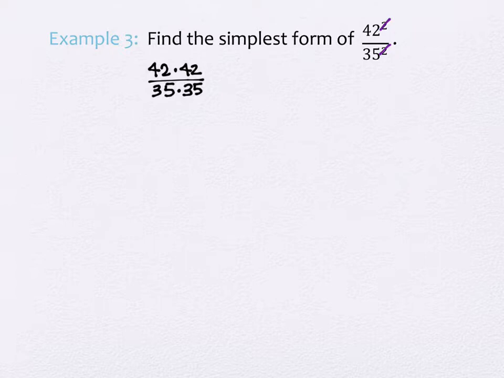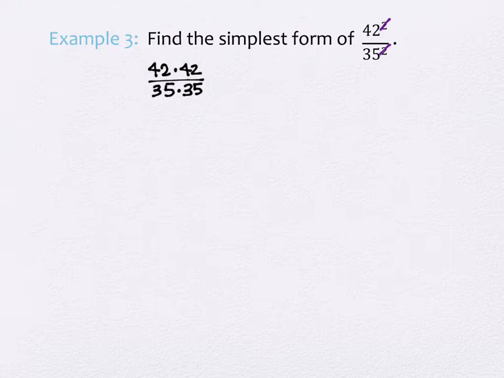However, if it's written like this, hopefully we can have some kind of idea of what we could simplify from each of these. So if we were looking for common factors here, what common factors do you see? 7. And not only do you see a 7 here, but you also see it here, right? So you can divide each of those by 7, not component-wise necessarily, but you can actually divide by 7 twice.